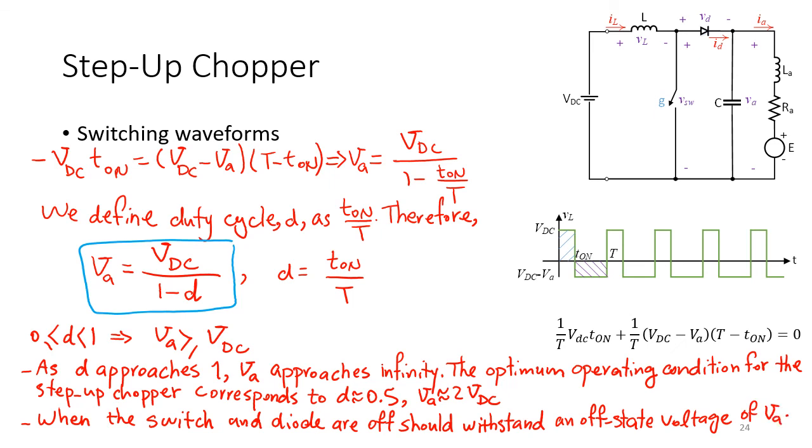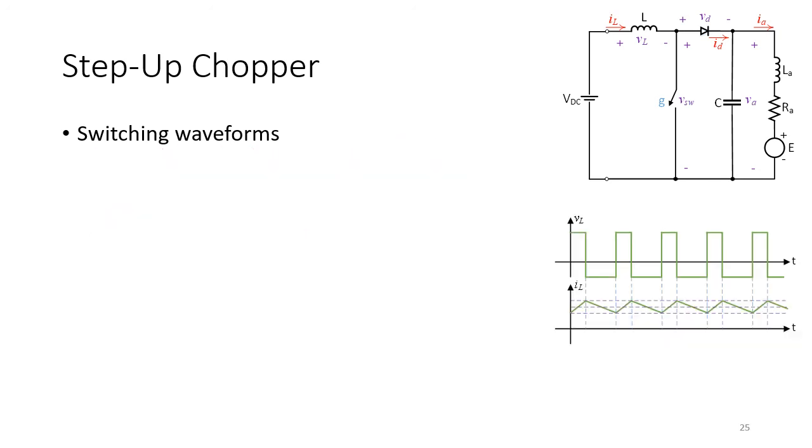That's the problem. We cannot take VA very high, and that's why we usually keep D around half, or VA equal to 2 VDC. Okay. Any question here? Everything's clear? Okay, seems so.